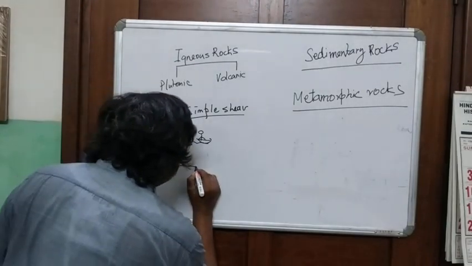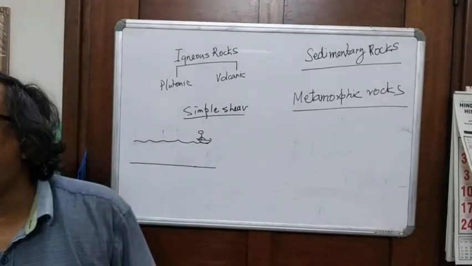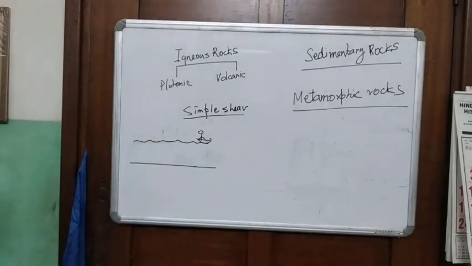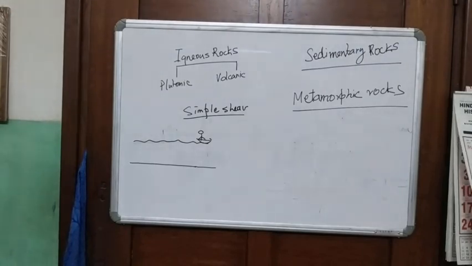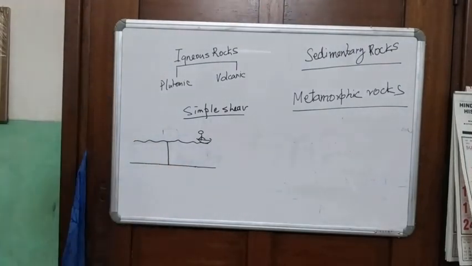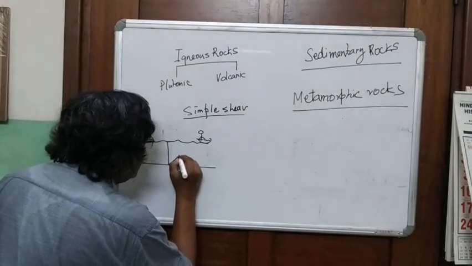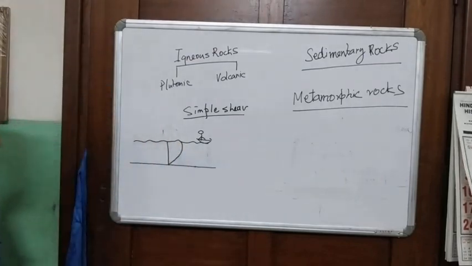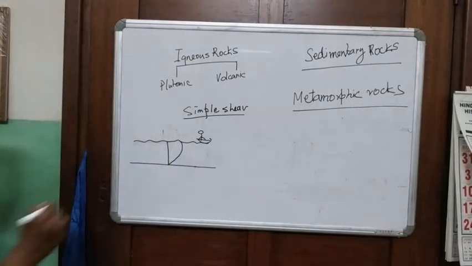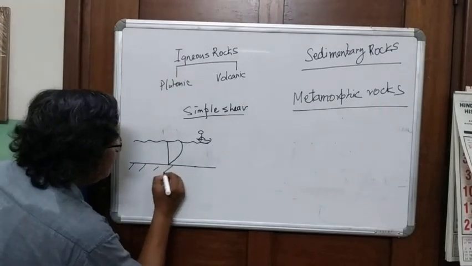Now what happens is, the velocity profile of a river, remember, if I take it like this and draw the velocity profile, it has a structure like this. That means this is the base over which the river flows.